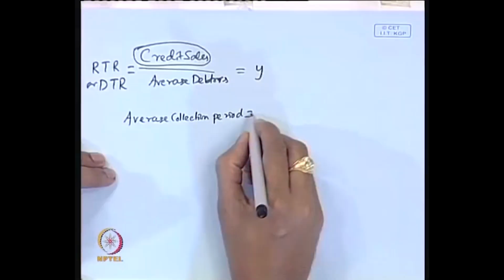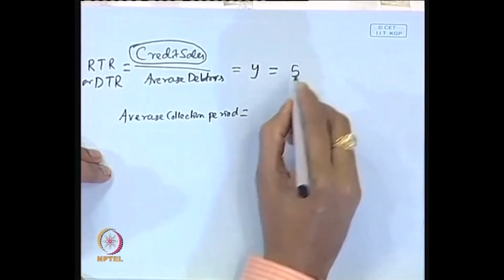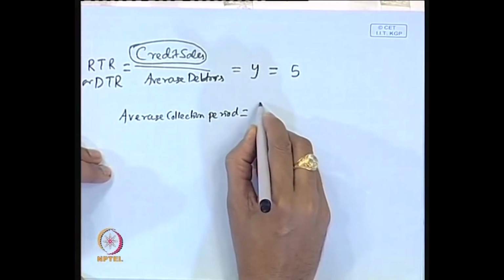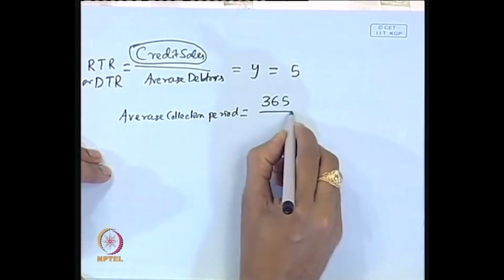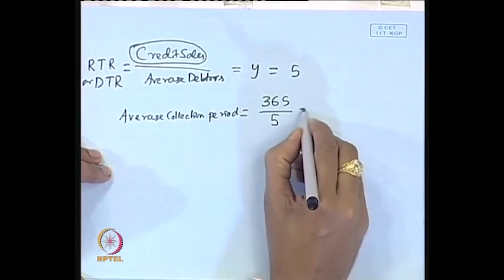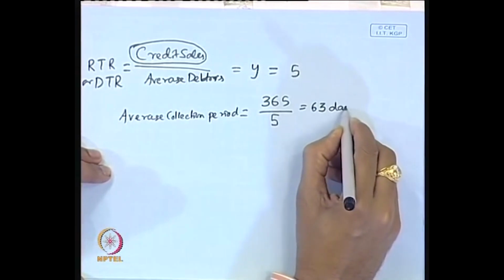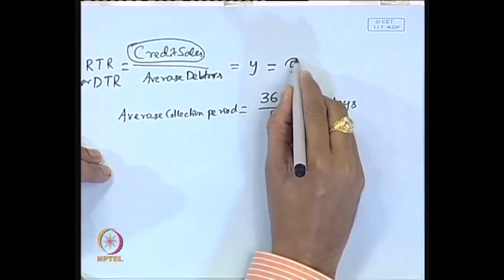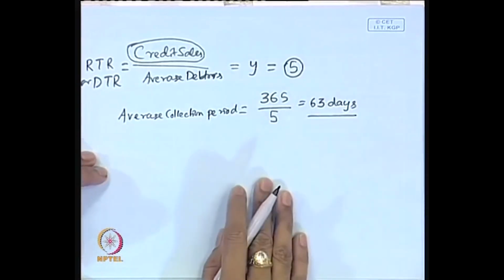If the debtors turnover ratio, for example, is 5, then the average collection period will be the number of days in a year divided by 5. That comes to 63 days.